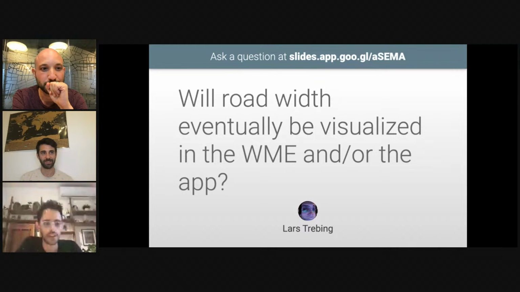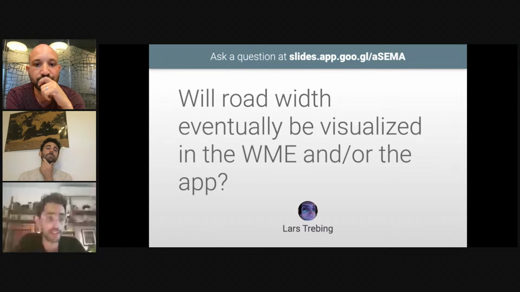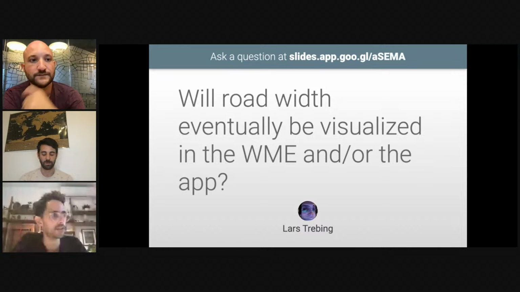Yeah, so this is a great question that we also got from the beta community once we showed them this feature. And due to the feedback, we are now considering how this should be done. We also have plans for WME and how to display the roads and the different layers.